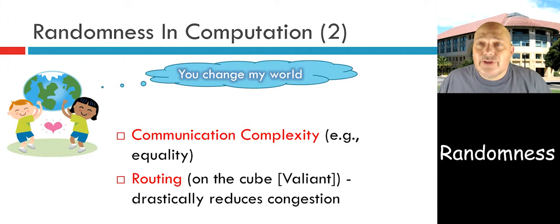I will also show you another example here about routing, a beautiful idea due to Leslie Valiant of how to reduce congestion in a network dramatically with a very simple trick.